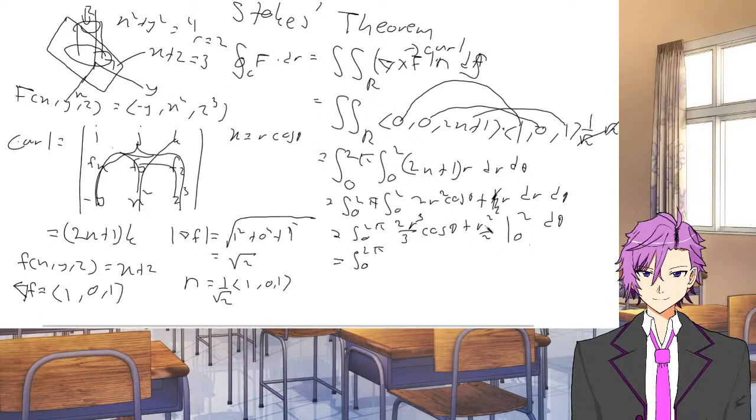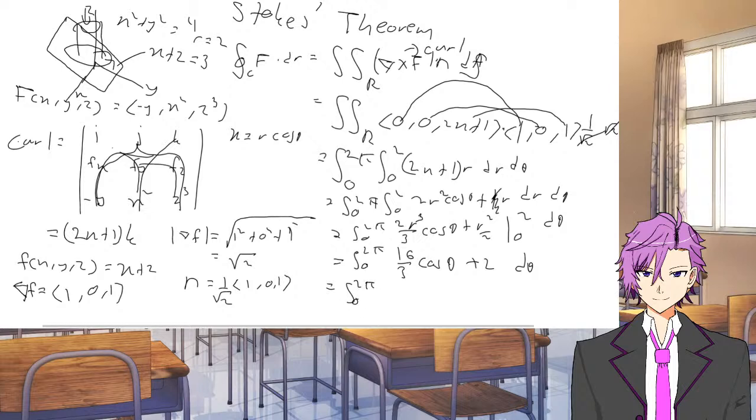So from 0, all of these are 0, so this would be 2 times 2 cubed, 2 times 8, 16 over 3 cos theta plus 2 squared over 2, 4 over 2, 2, so the theta. We're getting close to the answer.